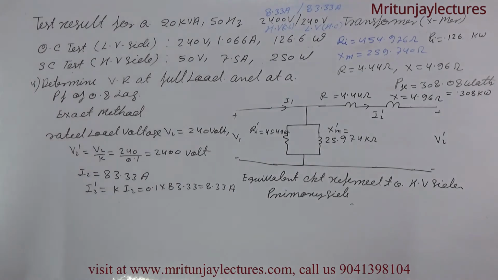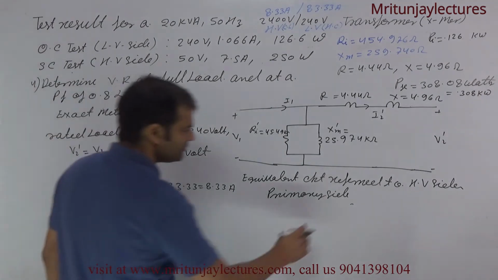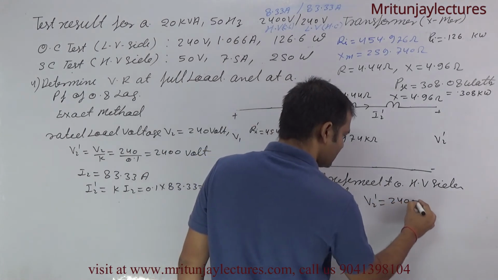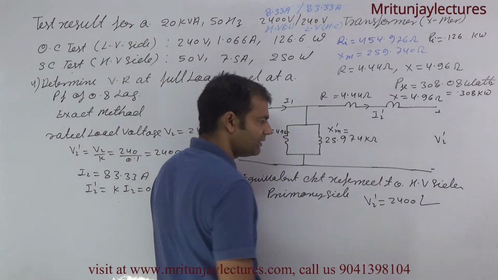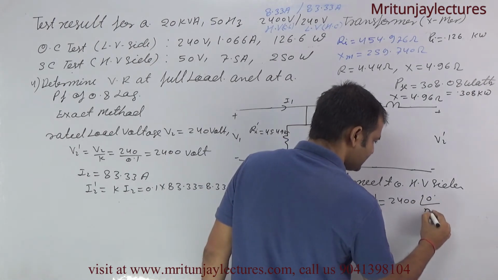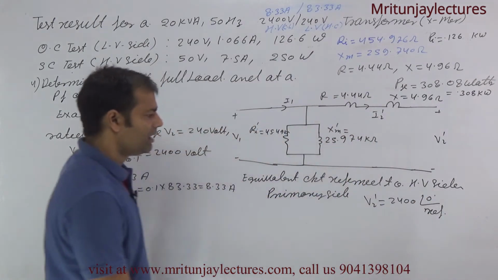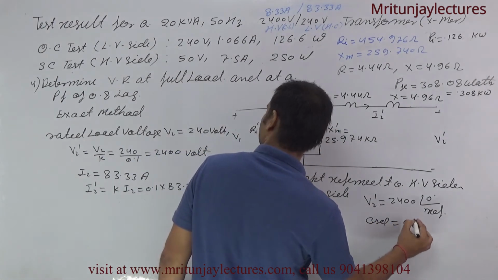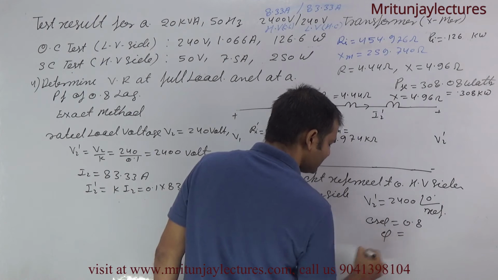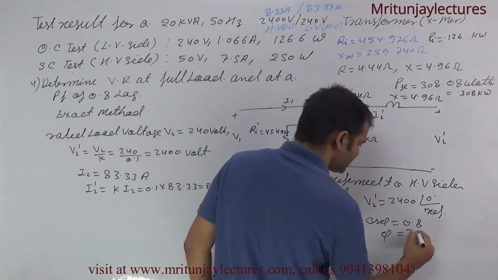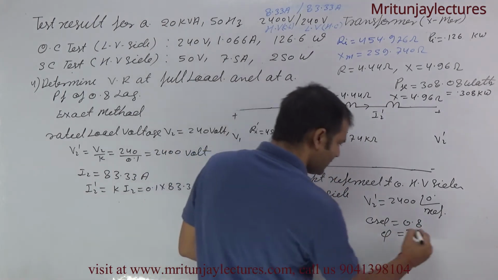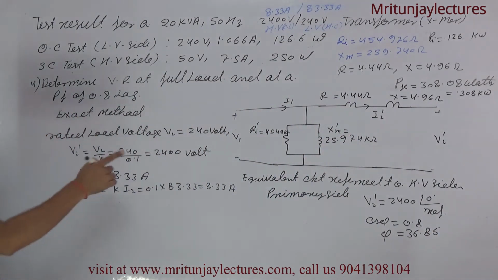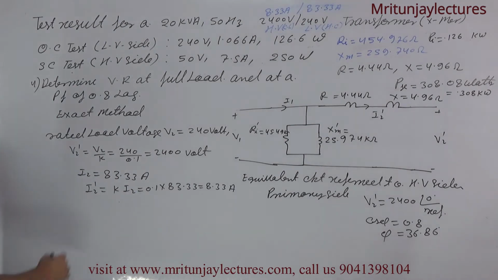Now take V2 dash equal to 2400, that is the reference voltage. What about cos phi? That is 0.8, which means phi is equal to 36.86 degree. What about I2 dash?